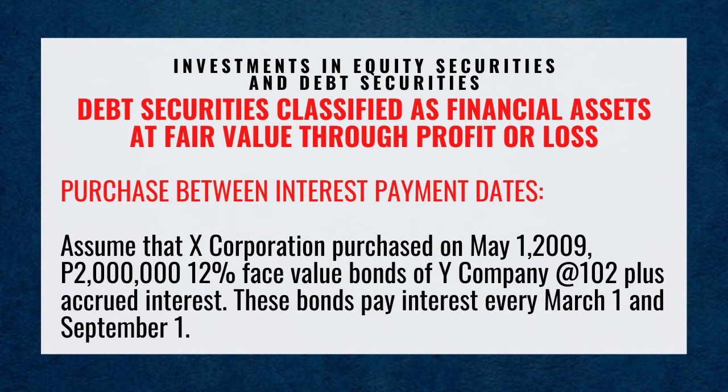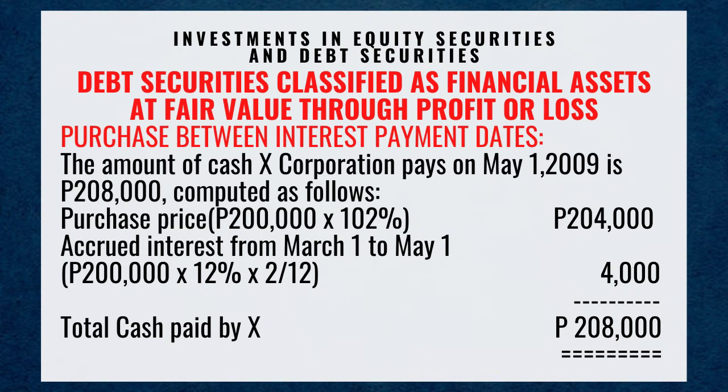These bonds pay interest every March 1st and September 1st. The amount of cash X Corporation pays on May 1st, 2009 is 208,000 pesos computed as follows.